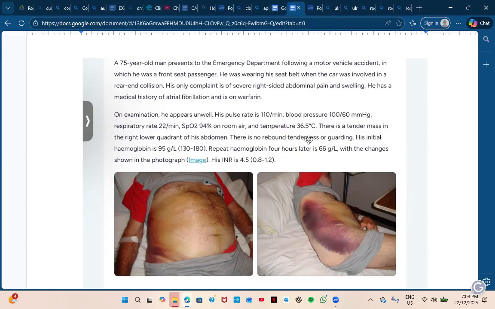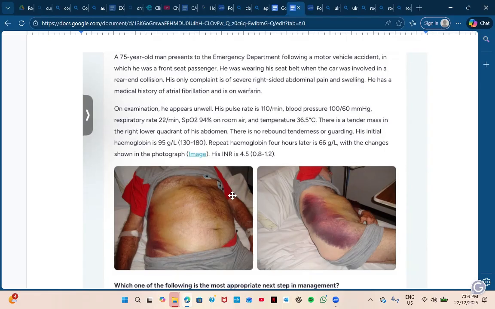On examination, he appears unwell with pulse rate 110, blood pressure 100 by 60, respiratory rate 22, SpO2 94, and temperature 36.5. There's a tender mass in the right lower quadrant of his abdomen. There's no rebound tenderness or guarding. His initial hemoglobin is 95. Repeat hemoglobin 4 hours after is 66, with the changes shown in the photograph.